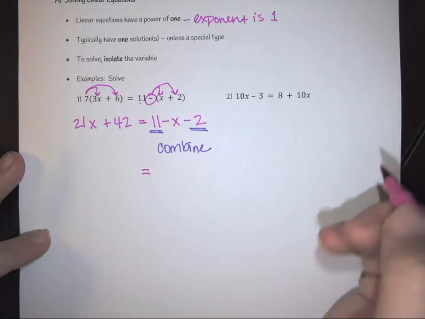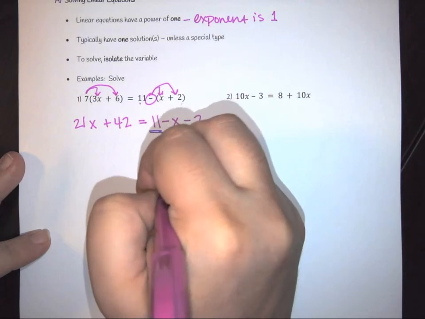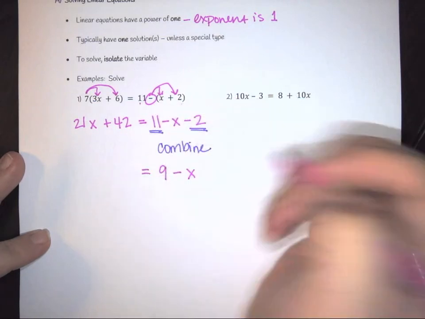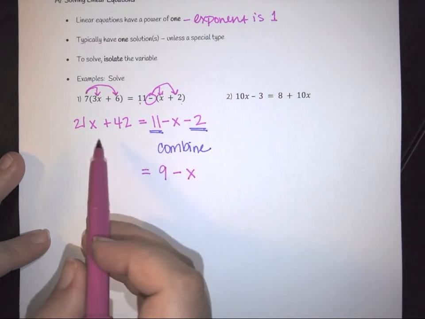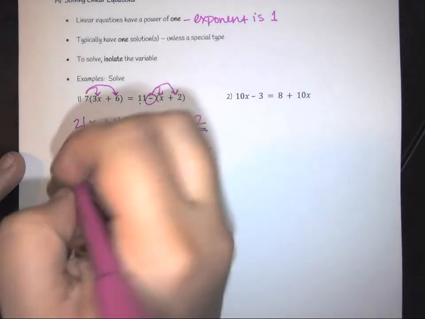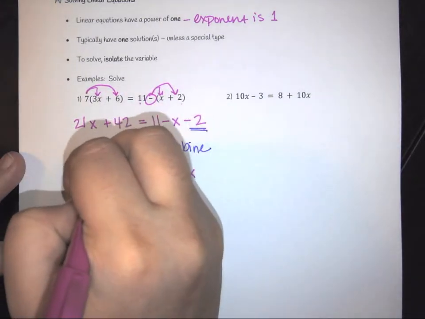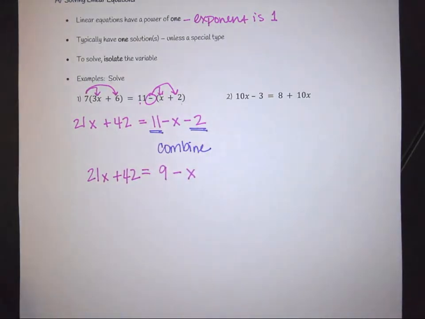So if I'm looking at this right-hand side, 11 minus 2 is going to leave me with 9, and then minus x. Now if you go to the left-hand side, notice there's nothing I can do to combine, as these are two different terms, so I'm just going to rewrite them as 21x plus my 42.